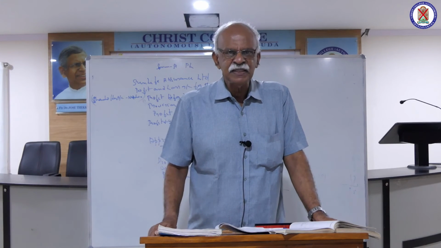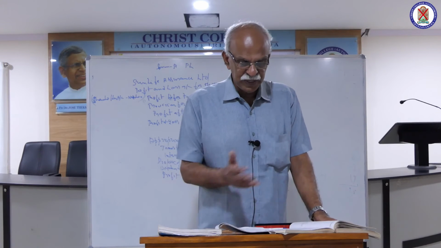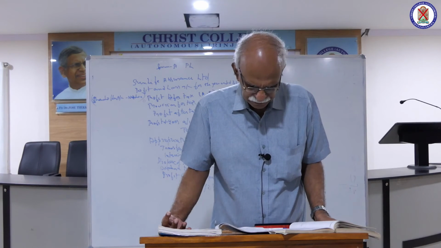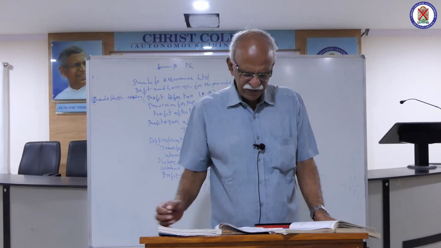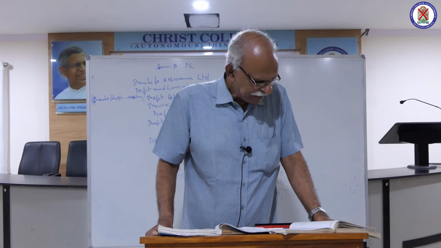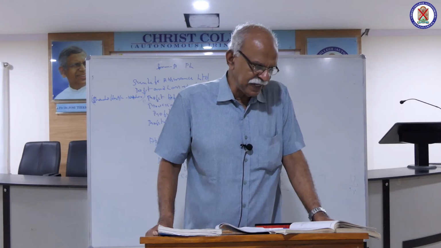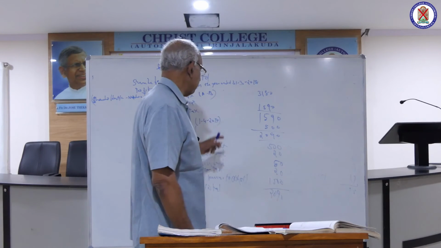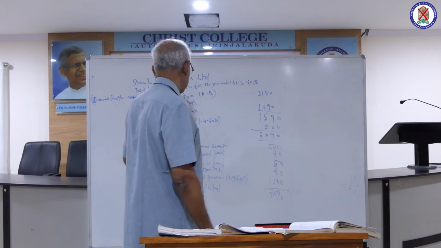Then expenses other than those directly related to insurance business, such as general administration expenses and loss on revaluation of general investments. If there is any other expenditure, you have to write it. Then you get the profit. Then provision for tax, and profit after tax.